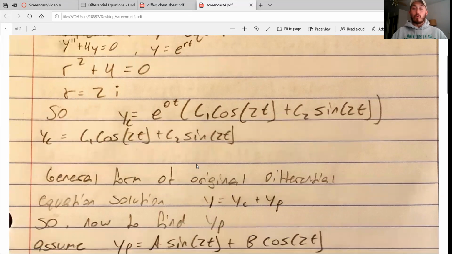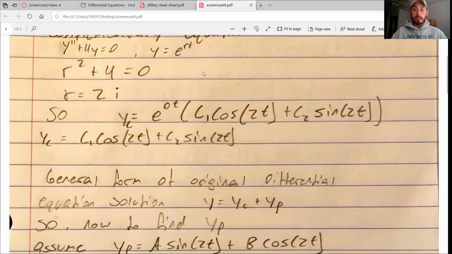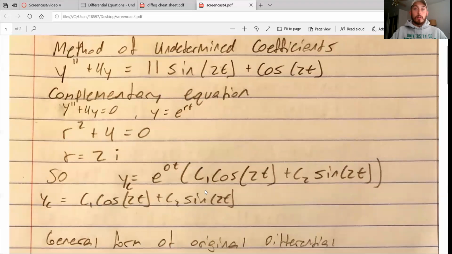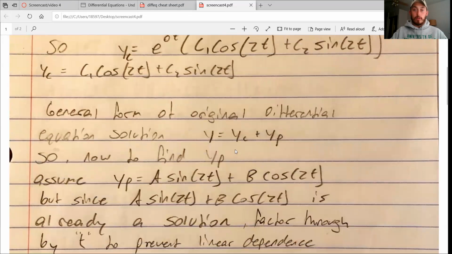Now, the general form of the original differential equation, the y double prime, this original second order non-homogeneous, is of the form our complementary solution, the general complementary, plus a particular solution. Now, to find the particular solution, we're going to assume that our complementary solution would have been, it's going to drop to 0.